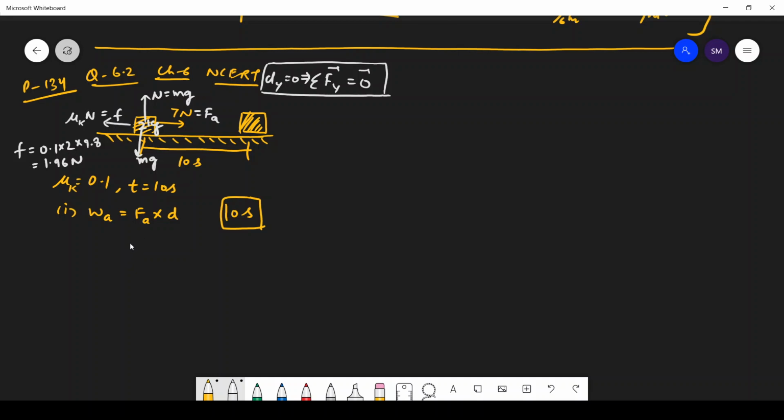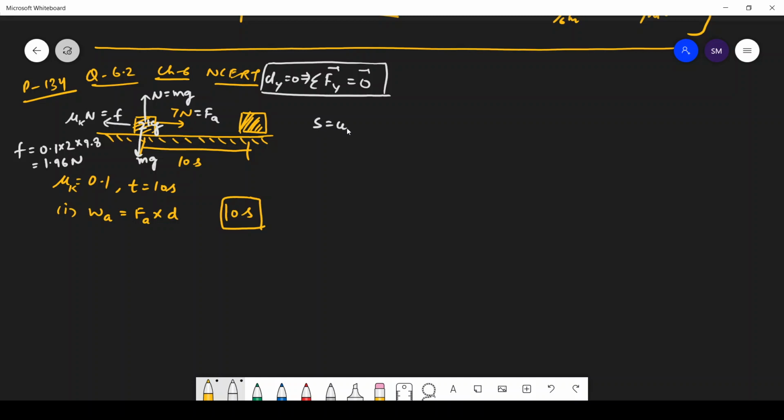So the body moves in 10 seconds. My time is given to me. I want to find out the displacement. So what is the formula of displacement you have? You have two formulas of displacement, which are equations of motion.